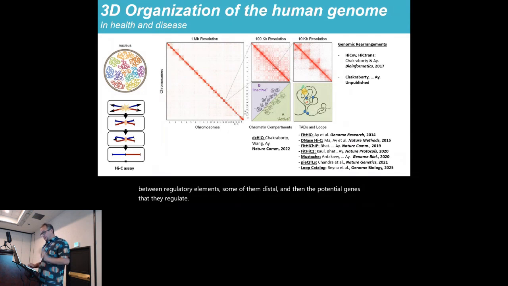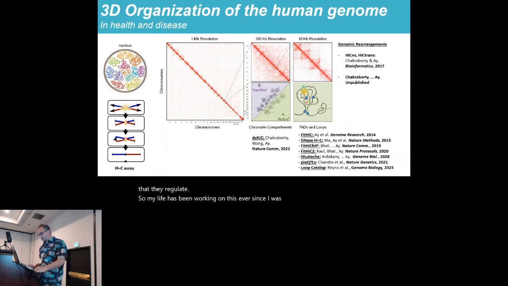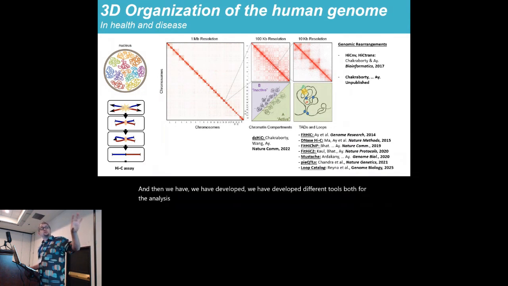My lab has been working on this ever since I was in Bill Noble's lab, and we have developed different tools for the analysis of compartments and for identifying and assigning function to chromatin loops.